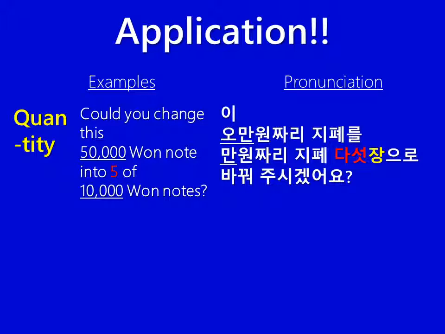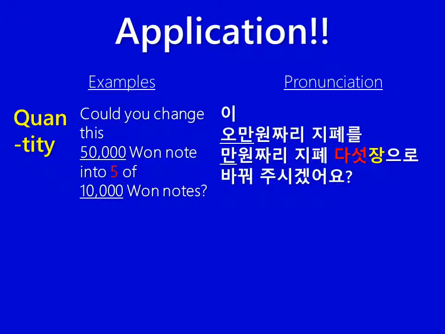So 5만 원짜리 지폐 means 50,000 won worth of note. 5만 원짜리 지폐를 만 원짜리 지폐. So 10,000 won worth of note. 5장으로.